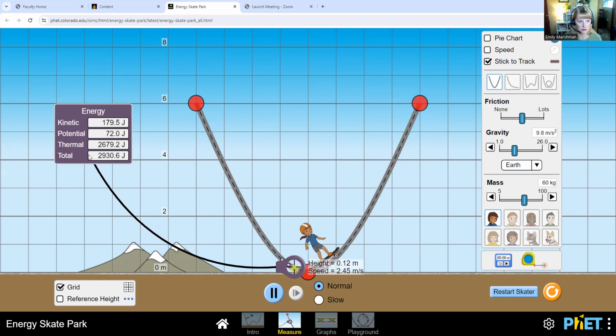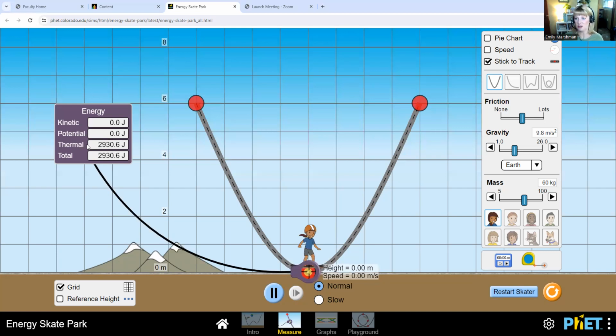She started off with 2,930 joules of total energy, and at the end, all of that got converted into thermal energy. So the friction removed energy and converted it into thermal energy. That's the idea behind that.